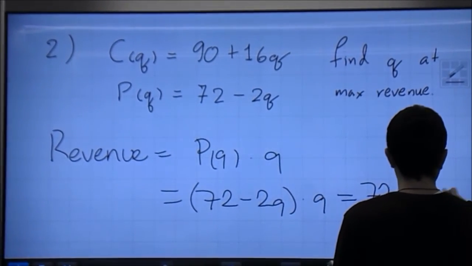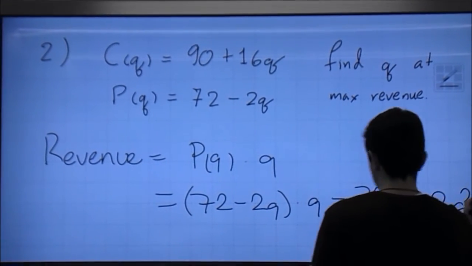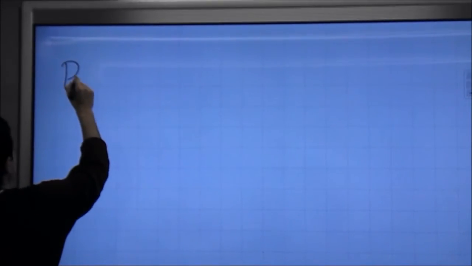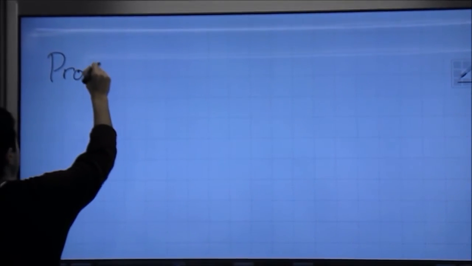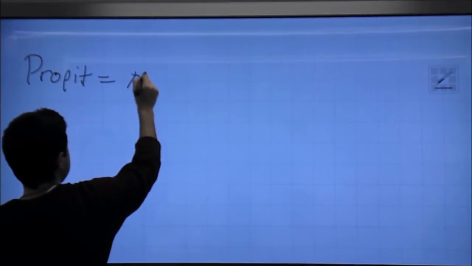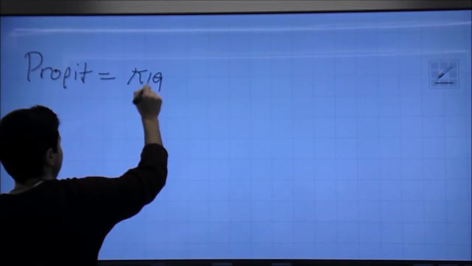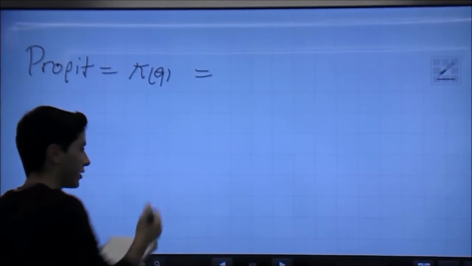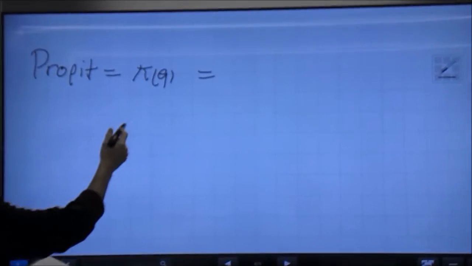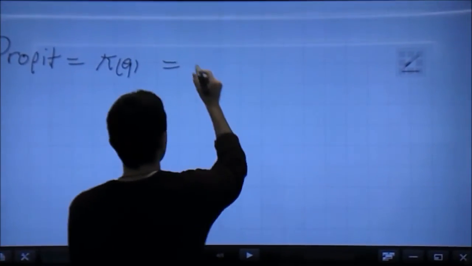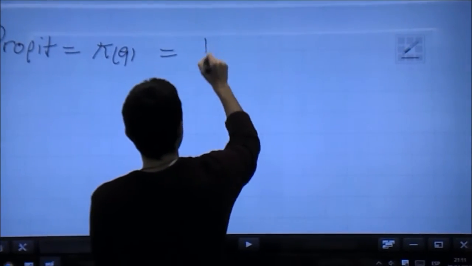Q minus 2Q squared. After that, we have to obtain the profit function, which is calculated using the total revenue minus the cost function that we already have. Very good.